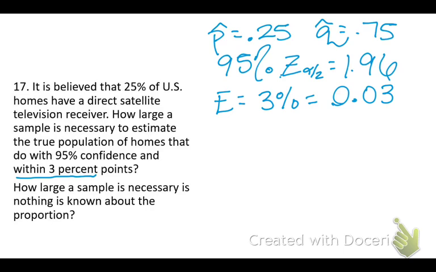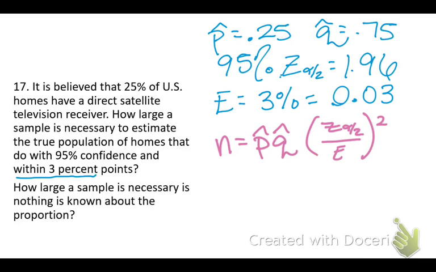And so now that we have all of that, we can go ahead and plug it into our formula. Now our formula is n equals p hat times q hat times your z sub alpha over 2 over your margin of error squared. All right, so then we can plug in all that information.